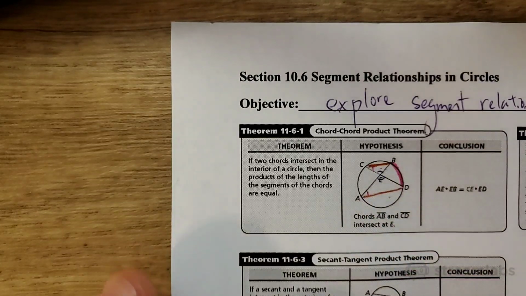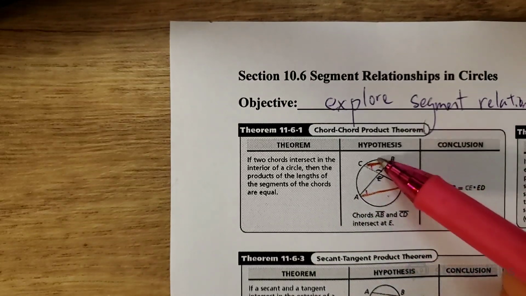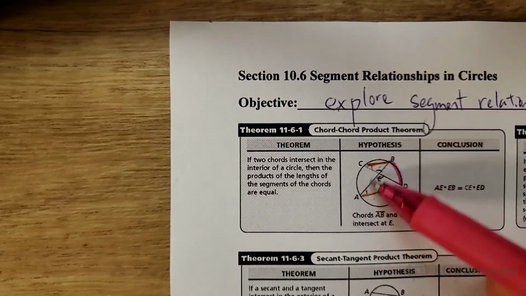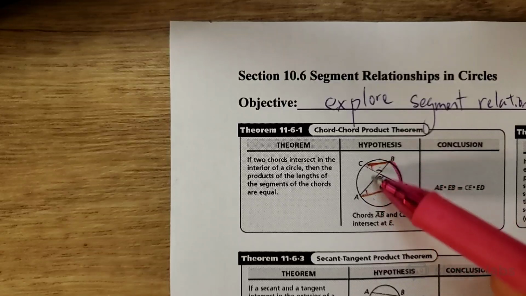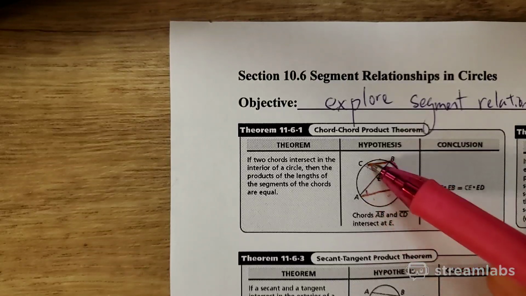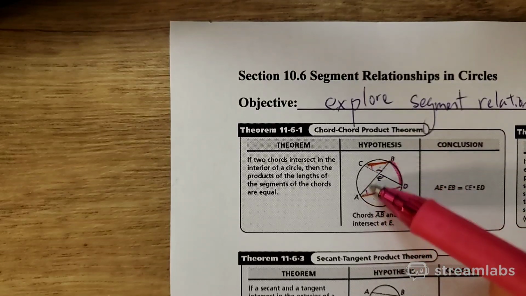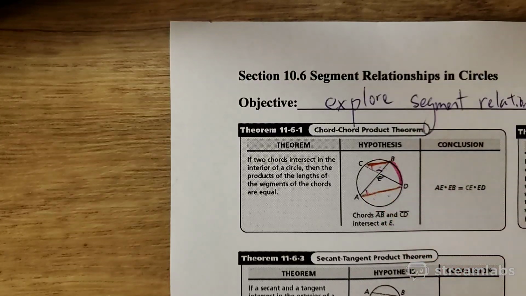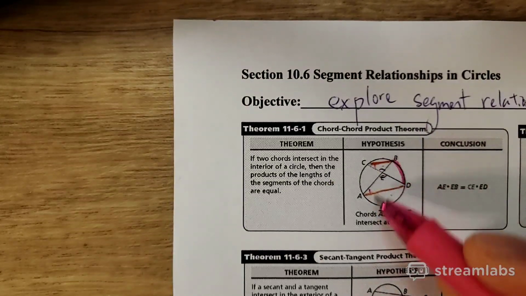Since they're inscribing the same arc, both of these angles are half the measure of this arc, which is the same for both. So they have the same angle measure, they're congruent. So these two are congruent, these two are congruent, so we call this AA similarity.